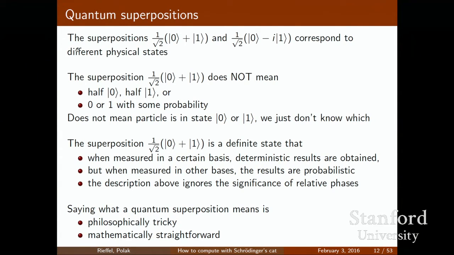And that's also not that great a description of what's going on quantum mechanically. It does not mean that the particle is in the state 0 or the state 1. We just don't know which. It means that it's actually in this polarization state, and then it will interact with Polaroids in certain ways. And saying what a quantum superposition means may be philosophically tricky, but mathematically we know what's going on.